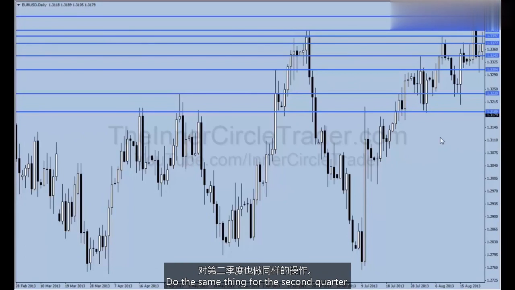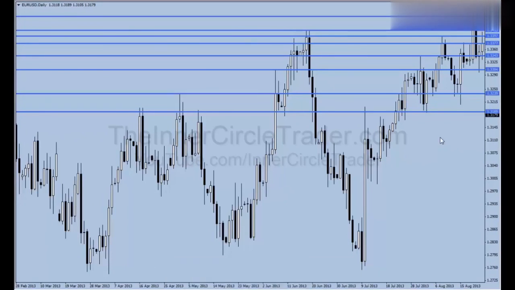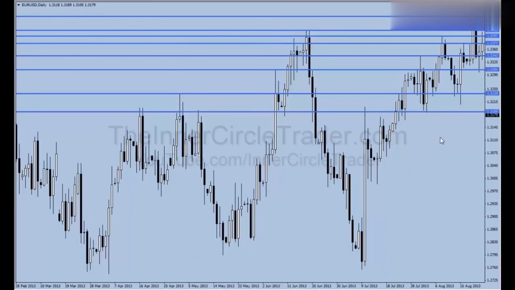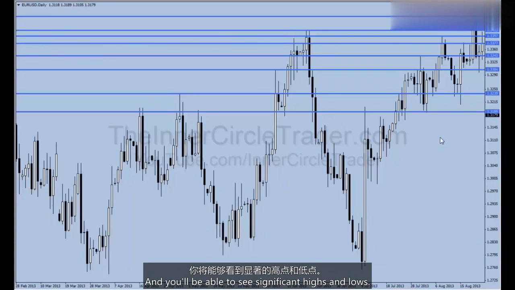Do the same thing for the second quarter, okay, that being April, May, June, and then July, August, September, and then October, November, December. So those 4 quarters in blocks of 3, okay, because there's a quarterly shuffle that goes on, okay, portfolio dressing and such, and you'll be able to see significant highs and lows.